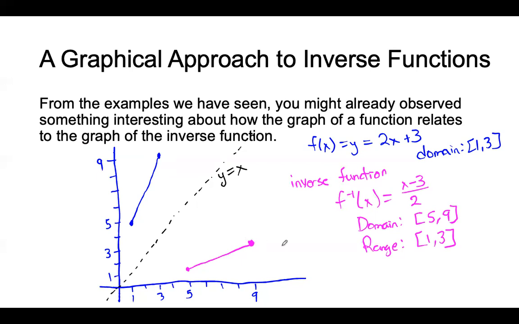So the inverse is reflected along the y equals x line. If you project this point down to this axis, this distance and this distance are the same. Same here. Same here.